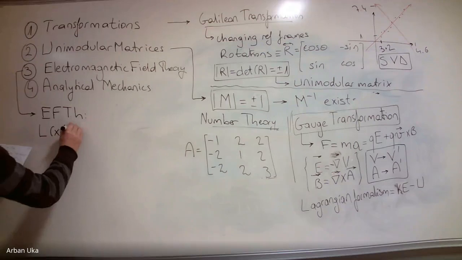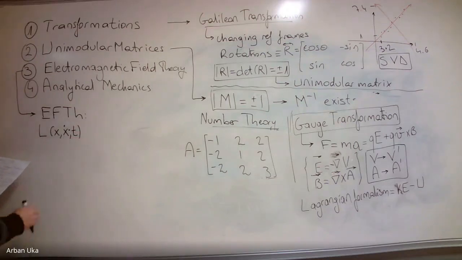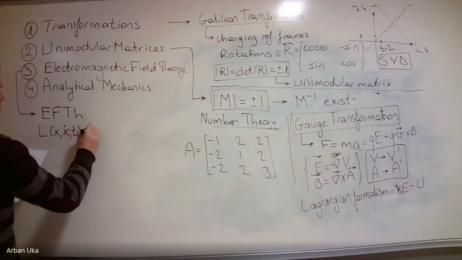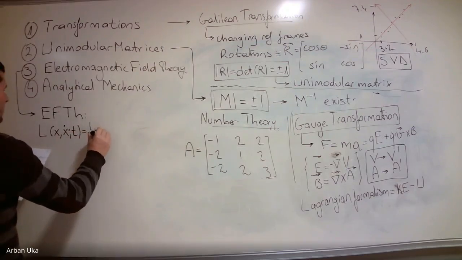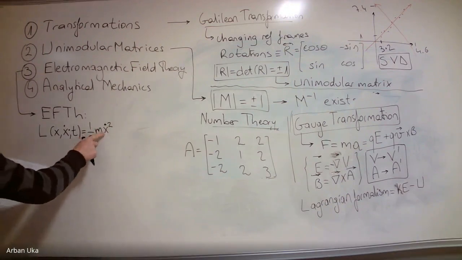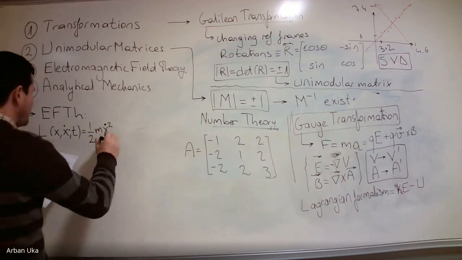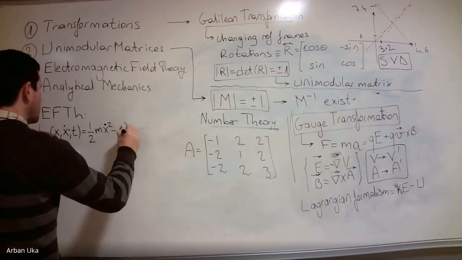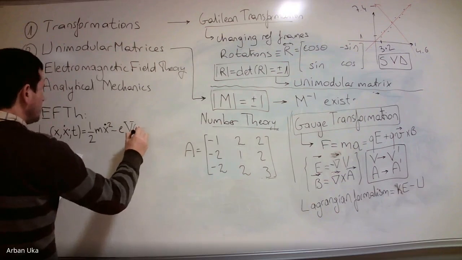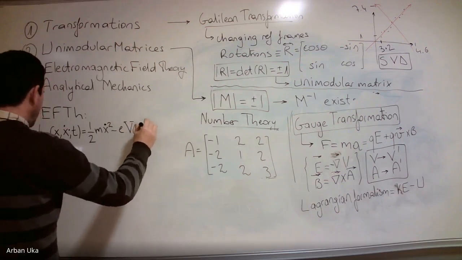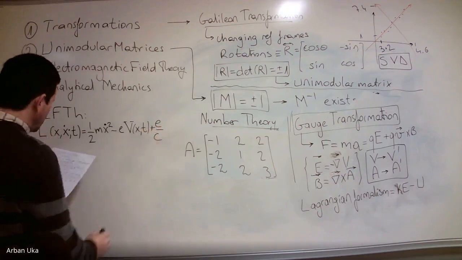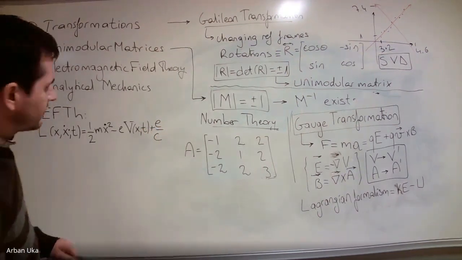So this Lagrangian is an expression which depends on x, velocity, and time, and we represent this as 1/2 m x-dot squared. So this is the first derivative of x, which is the velocity, minus the electric charge times the potential, which is a function of x and t, plus e divided by the speed of light.